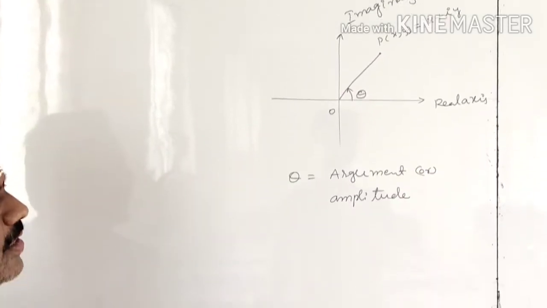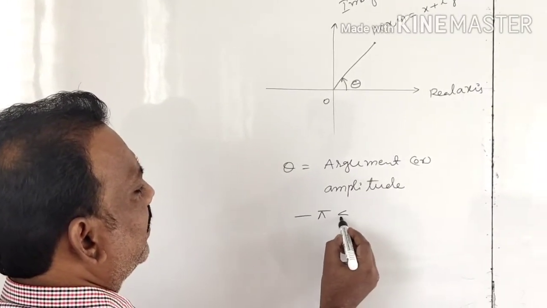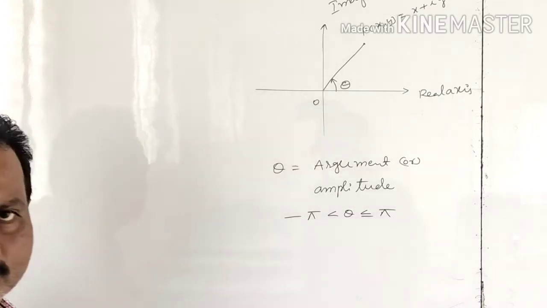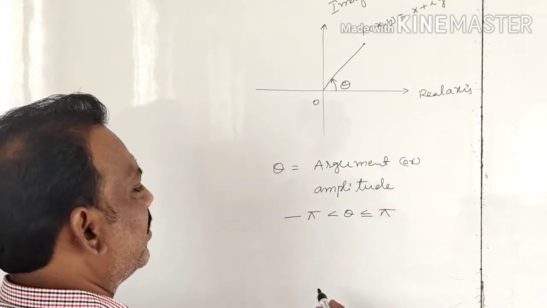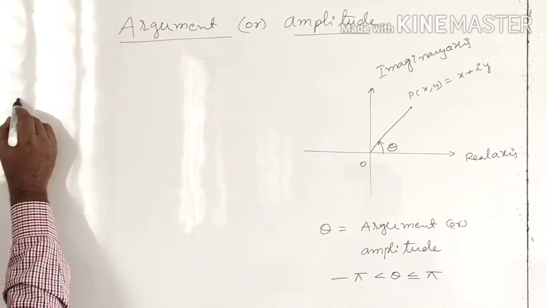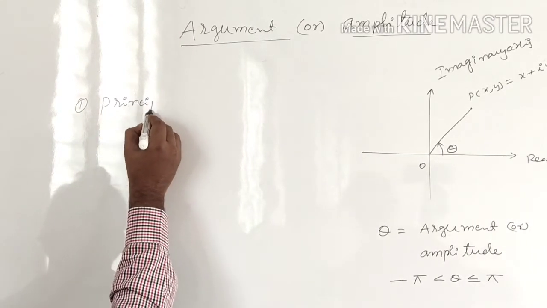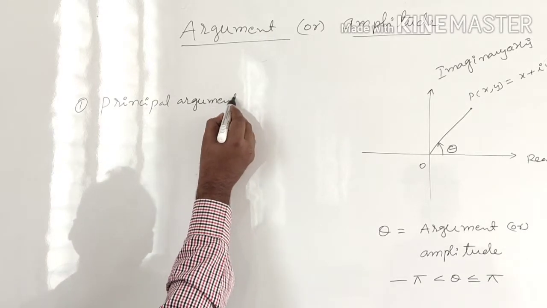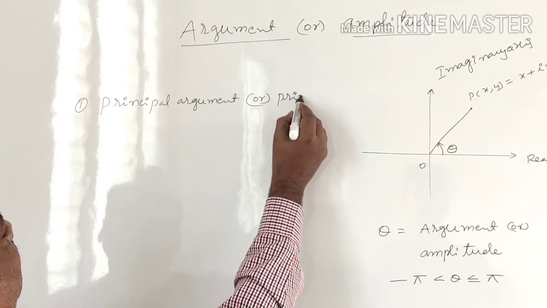Clear, students? This theta, argument or amplitude, lies between minus pi less than theta less than or equal to pi. The argument is divided into two parts. First one is the principal argument or principal amplitude.